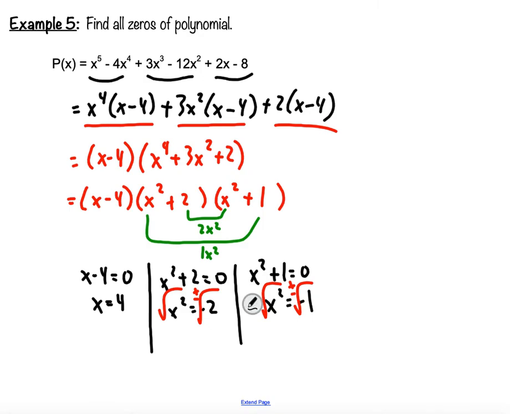So doing so, I'm going to get x equals, how we do this is that this is like the square root of -1 times the square root of 2, so it's going to end up being square root of -1, there's i. And square root of 2, you can't break that down. Over here, the square root of -1 is just i.